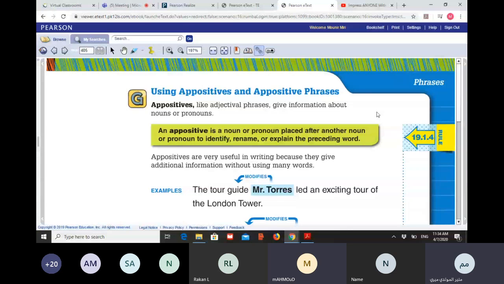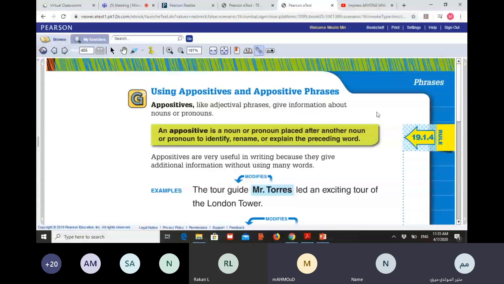I need a volunteer to read, please. Abdulmajid Karan. Using appositives and appositive phrases.